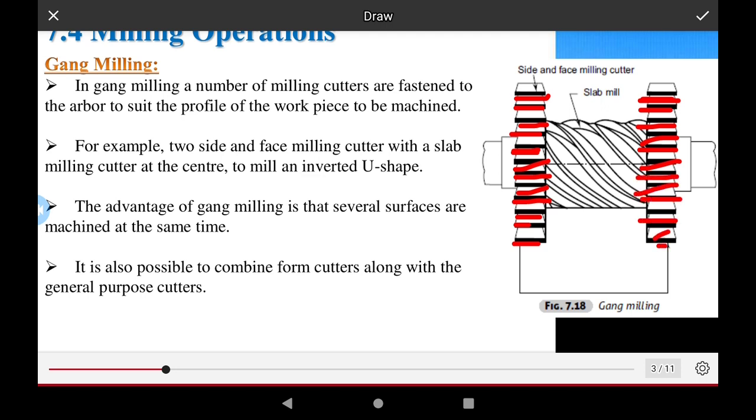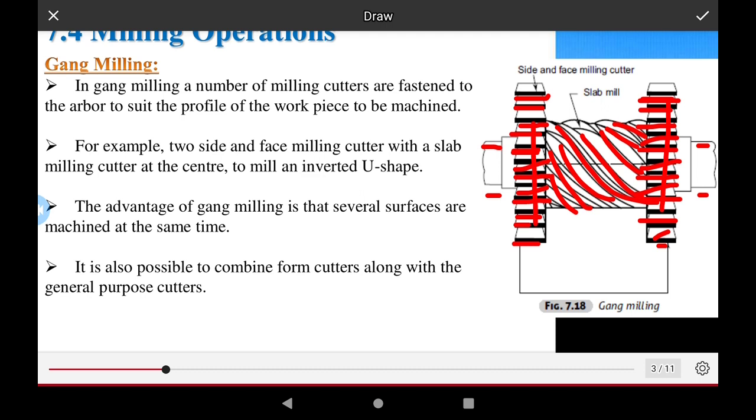This is the slab mill, and this is the body of the slab mill. This is the shaft for holding both cutters.